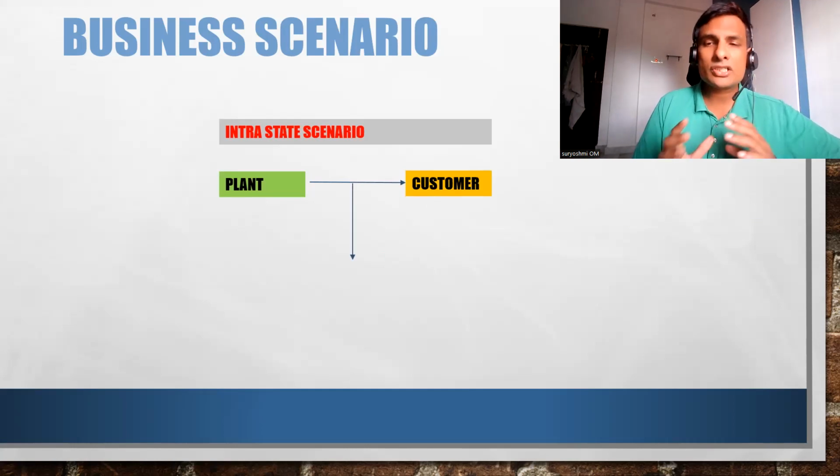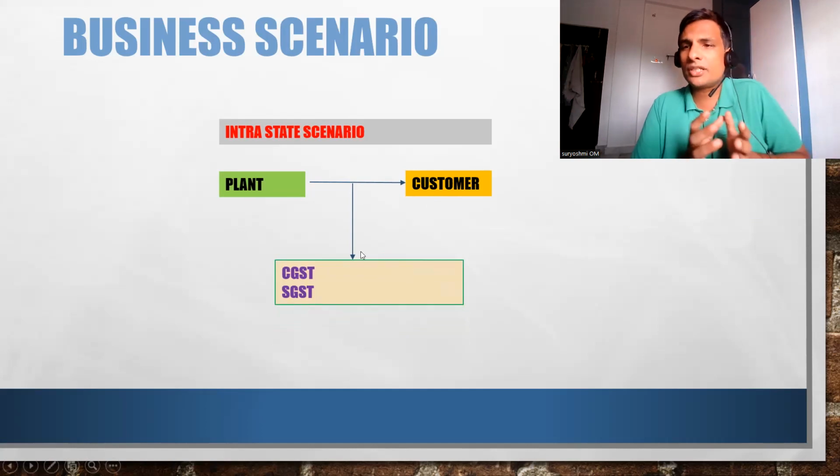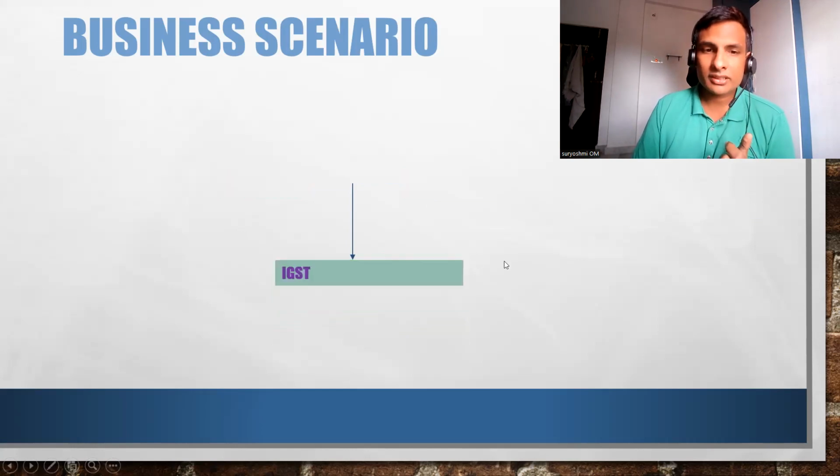tax. Previously they used to call it state tax, Indian states tax. Now it is a share between the central government and the state government: C means CGST, the central government share, and SGST.